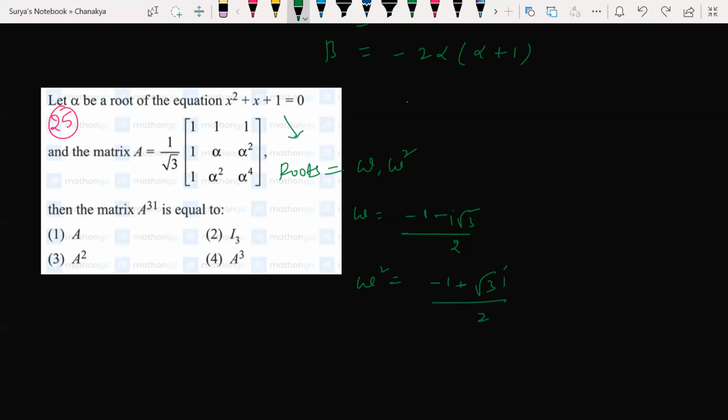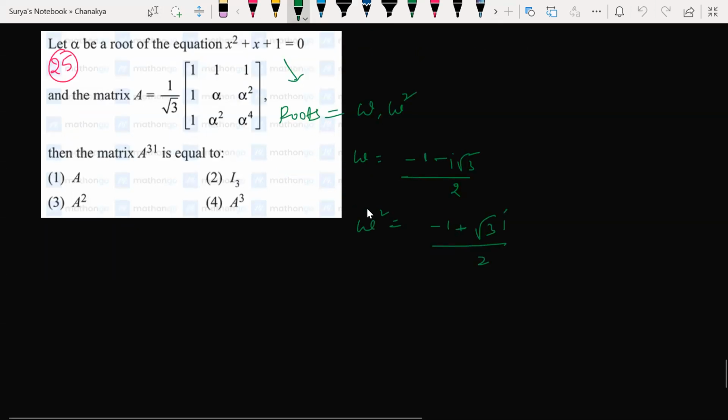Now what is our concept here? Look, x is a root of this particular thing, so the A matrix is going to be, beta, 1 by root 3 times 1, omega square; 1, omega; omega square, omega to the power of 4.